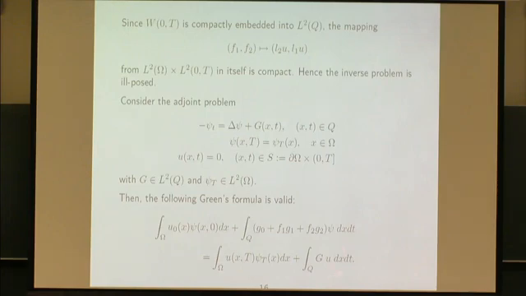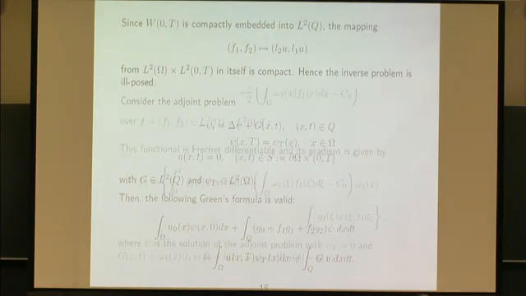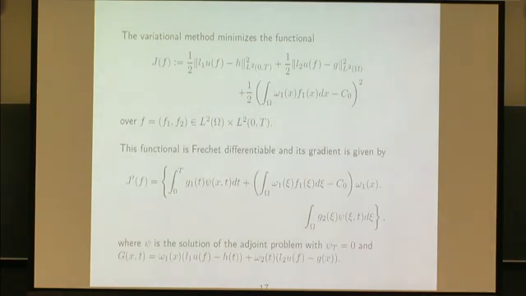And then the Green's formula, which is used to derive also the gradient of the least squares functional, holds in this form. So with these classical tools, we can construct the variational formulation, which minimizes the gap between the measured data h and g and the computed ones. This is the normalization condition to make the solution unique as well.